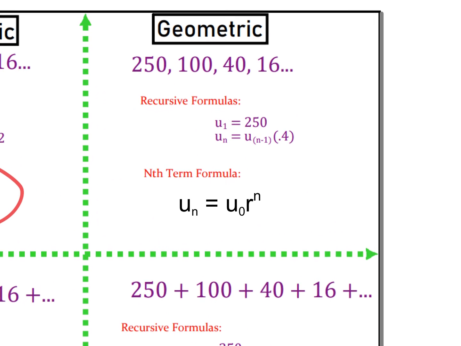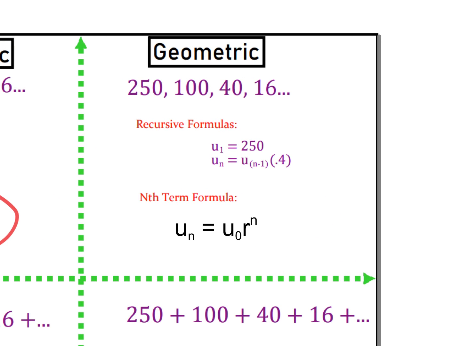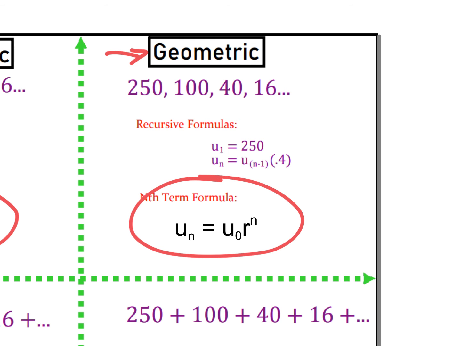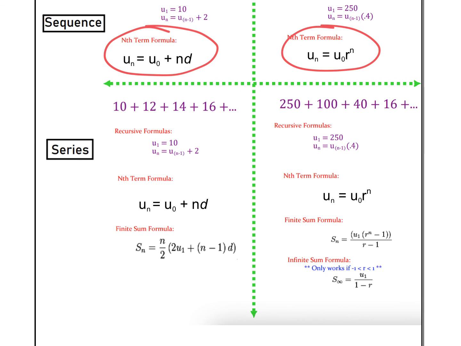How about that formula for finding a term when it's geometric, like you're multiplying each time? That's this one. For series, where you're adding a group of them, remember series is different than sequence. Sequence is just the terms. Series is where you add the terms. Then you need 2 formulas for that, this and this.